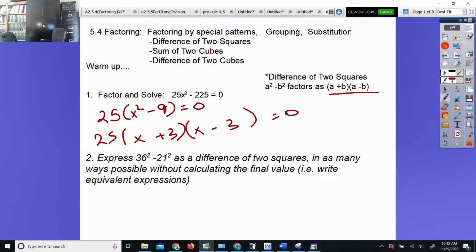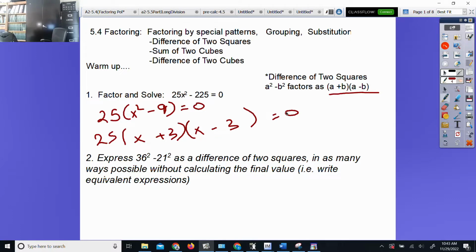So it says factor and solve. I noticed on the last basics quiz I gave you, it's actually the second question, but half my students couldn't solve the factored quadratic problem. What do you do with each set of parentheses? I cover up one factor.